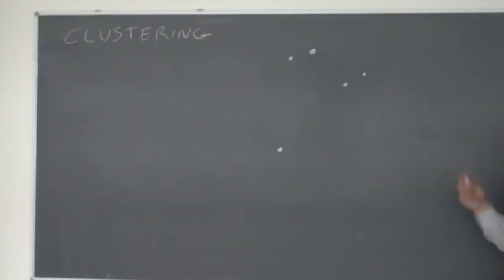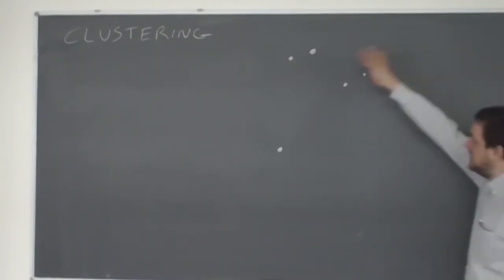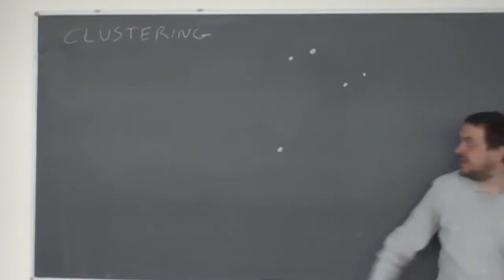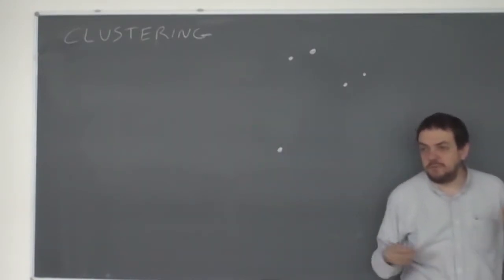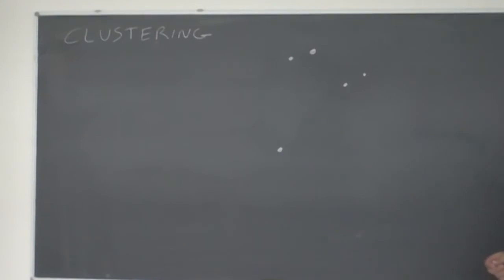Suppose that we have this distribution of points. We want to partition this set into clusters as I defined before. So I want to put similar items in the same set.